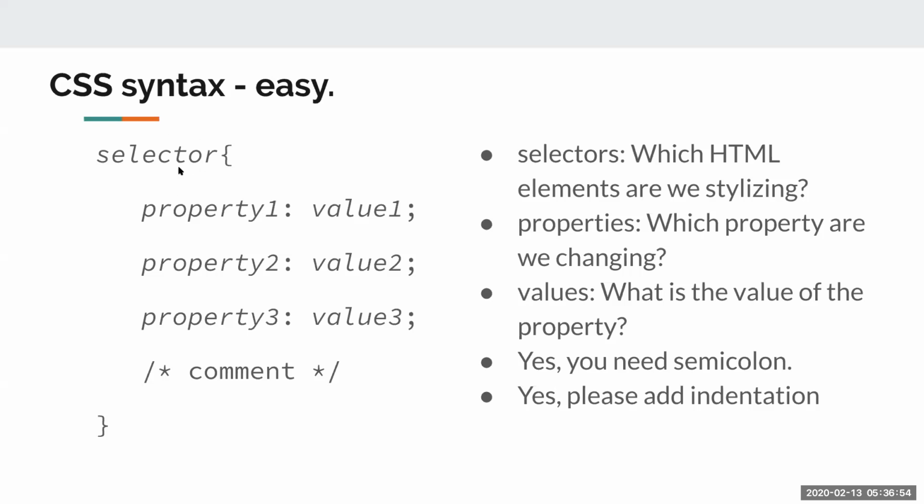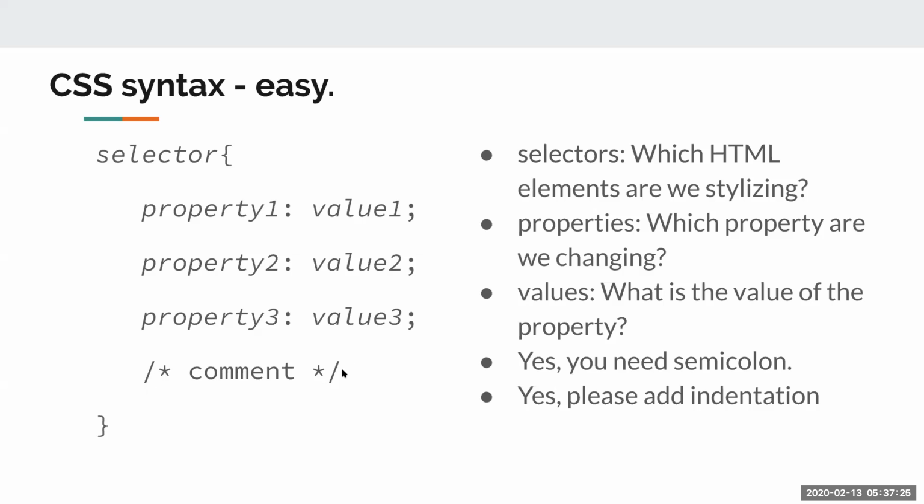Once you select an HTML element, you have to specify a property and assign a certain value. For example, font size is 12 pixels, or font color is red, or margin is 20 pixels, and so forth. So property is one component, and value is another component.